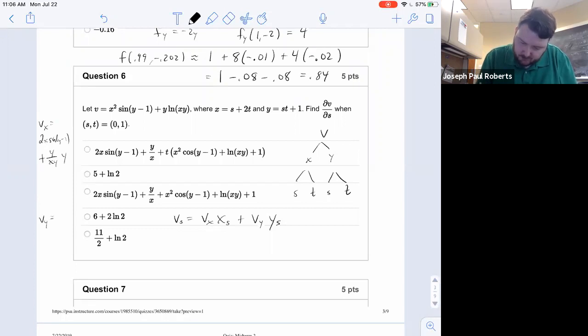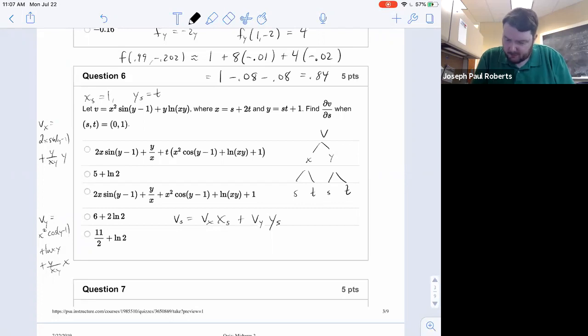The y partial is x squared cosine of y minus 1, and then we have to use the product rule, so plus natural log xy plus y over xy times x. I guess what else do I have? The s partial of x is 1, and the partial of y with respect to s is t.